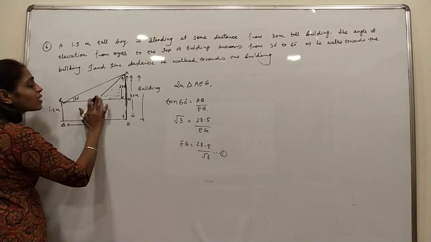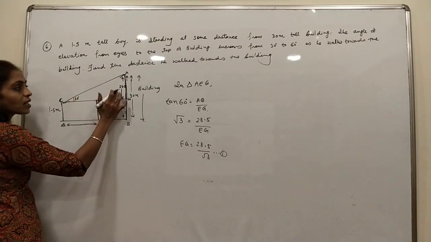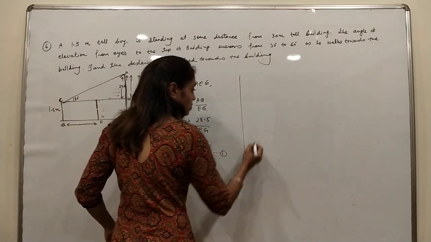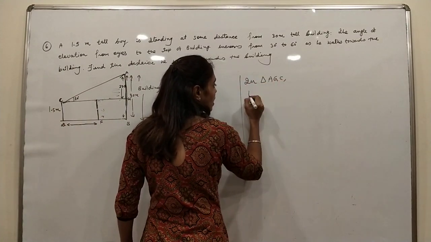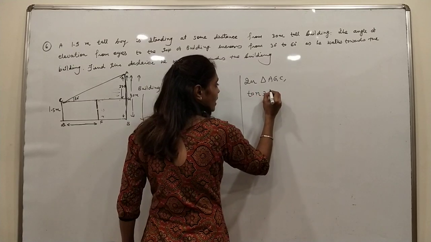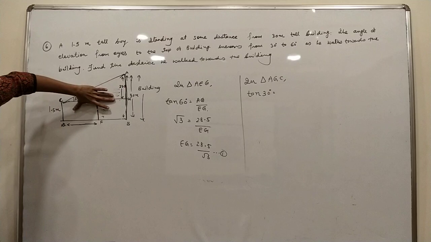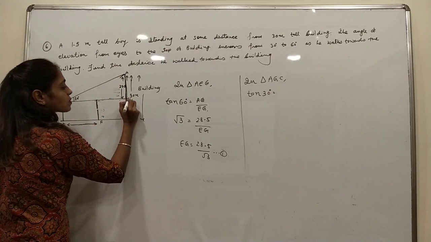Now 30° means this triangle. In triangle AGC, tan 30°, that is P by B, AG upon GC.